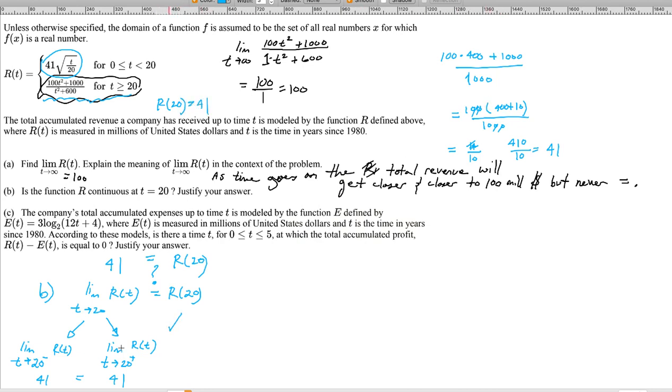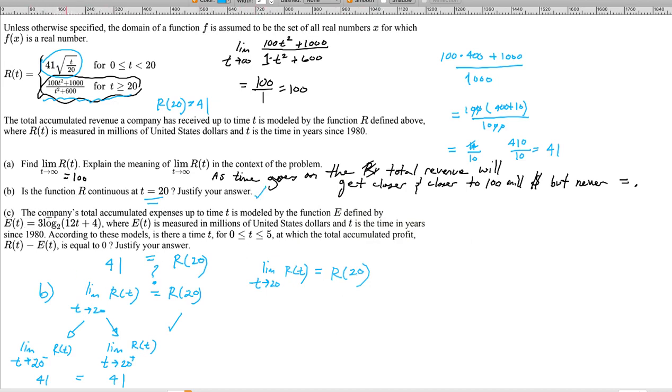So it is indeed continuous at 20, and you could say it's continuous at 20 because this limit as t goes to 20 of r of t equals r of 20. And you could show that the right-hand limit and the left-hand limit are equal with what I just did here. That guarantees that this limit is equal to 41, and then r of 20, you can just plug in and do that work. Answer. Okay.